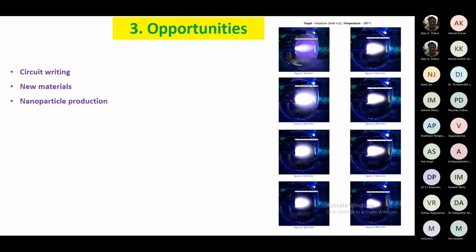On the face of the substrate, the deposited particles are actually of the order of nano range. So with every pulse there is a layer of nanoparticles depositing on the substrate. So nanoparticle production can be done through this pulsed laser deposition.